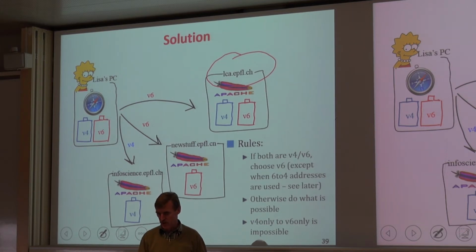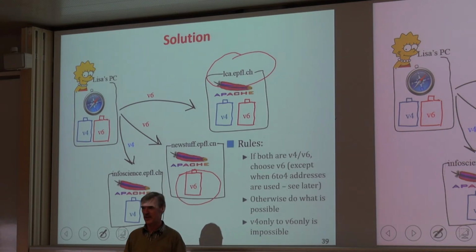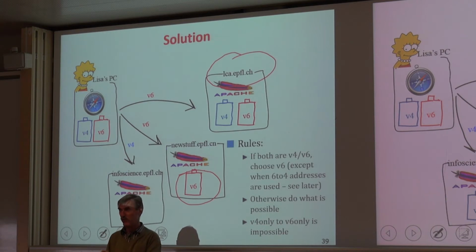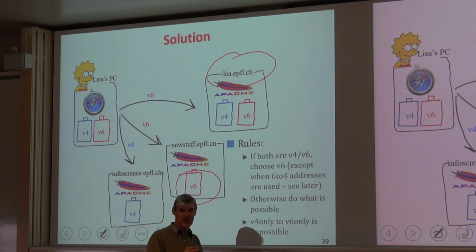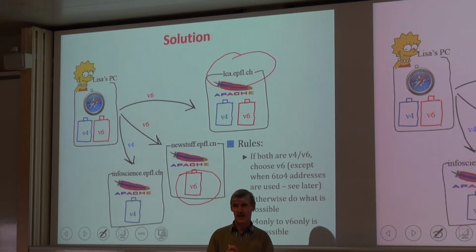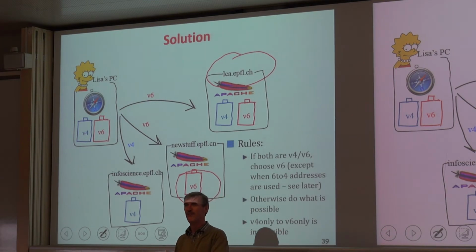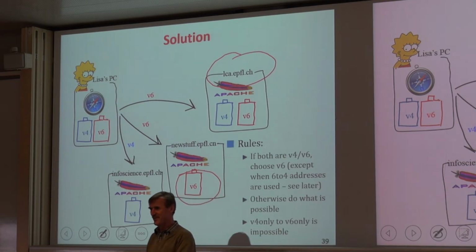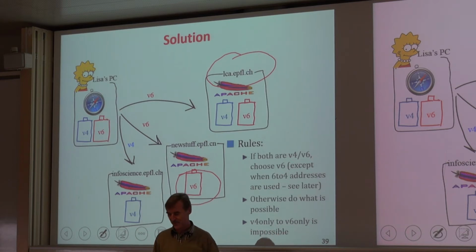Now, of course, if the machine does only IPv6, if you have no choice, you will use only IPv6. That's very rare today. There's practically no system that is IPv6 only, but it will come in the future. Very soon, I say very soon every year, but sometime in the future, there will be places that have only IPv6.